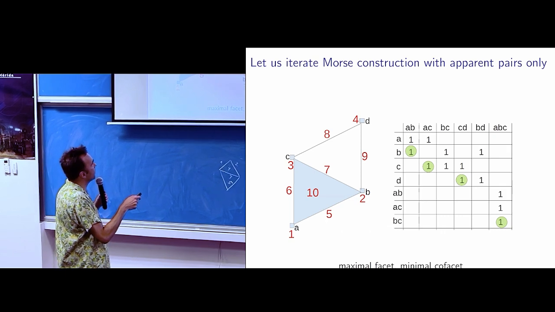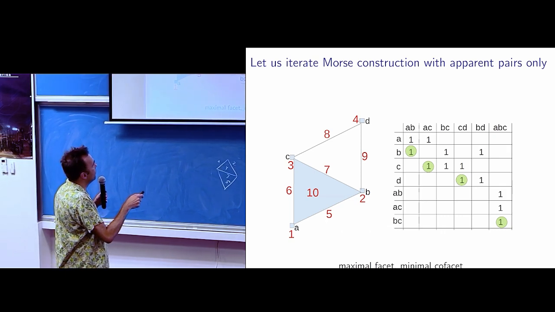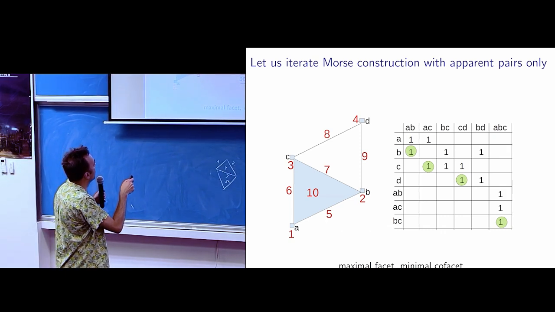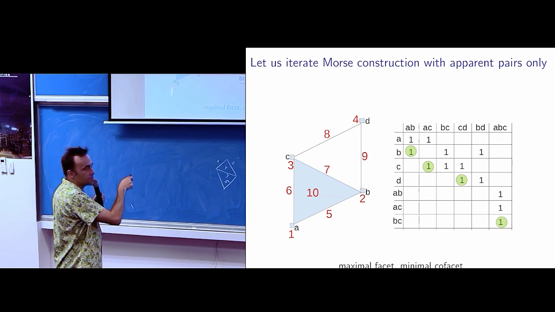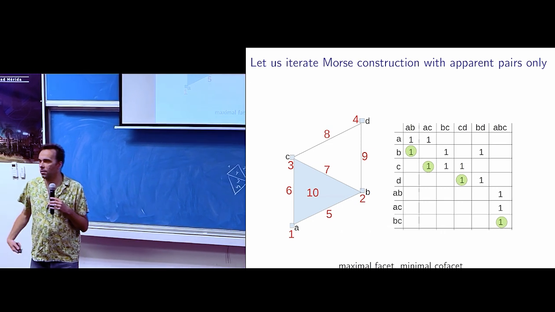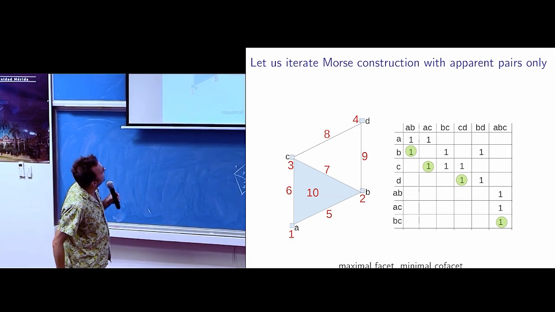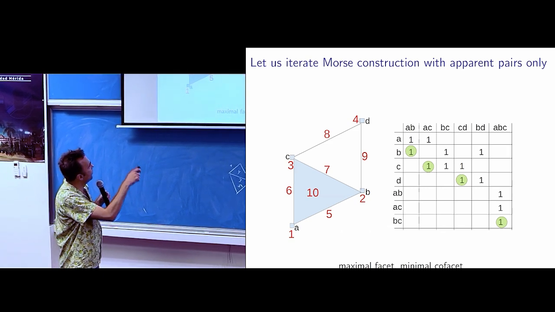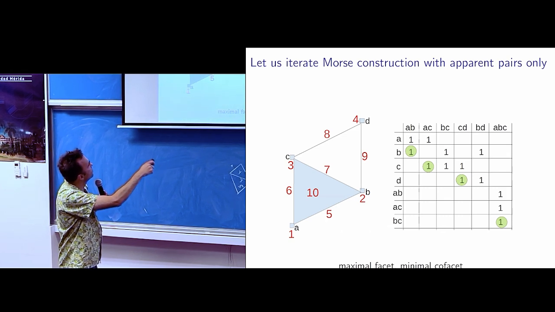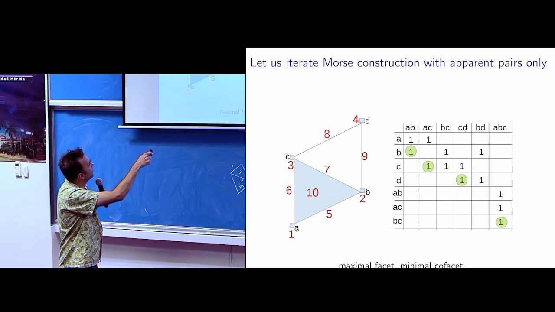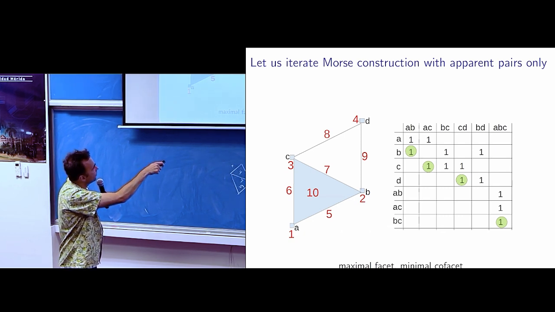But this guy is not an apparent pair. Why? So if we look at C and BC, well, it's not, because there is a younger coface, which is this one. And therefore, BC and C are not apparent pairs. CD and D are apparent pairs. So CD and D, well, if we look at D, it is a boundary of this edge and that edge, and this edge is younger.